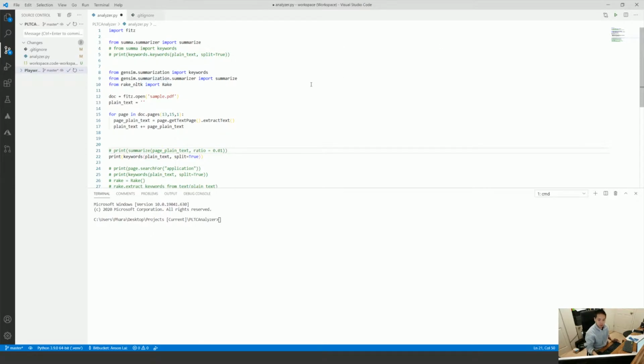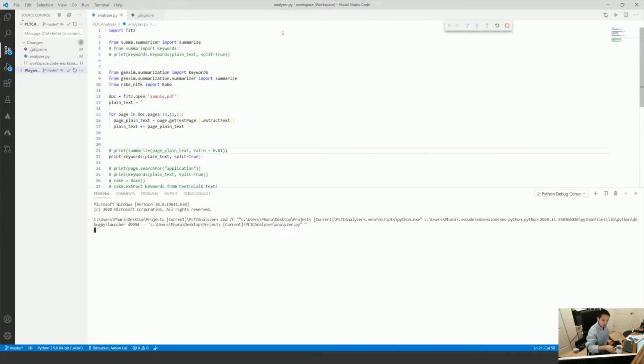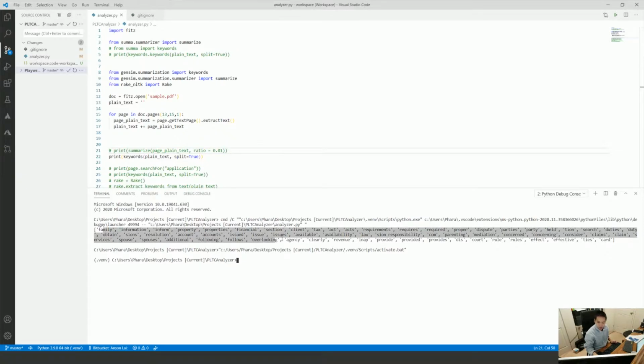So for now, we're just doing pages 13 to 15. It's not going to be all encompassing, but it's just a demo. First of all, keywords with text rank. And look at that. Those are our keywords. And these are really good keywords.